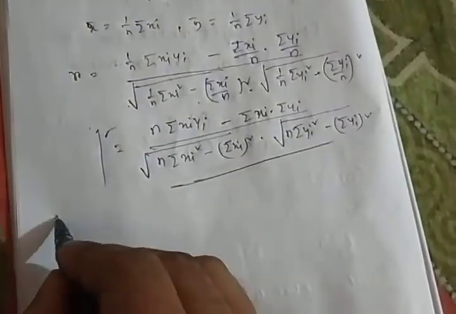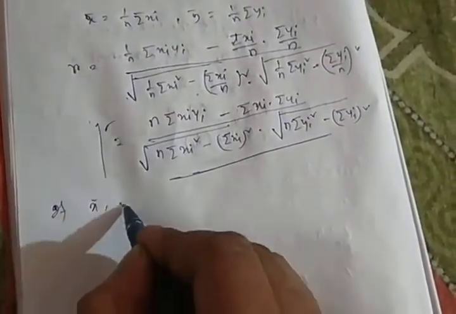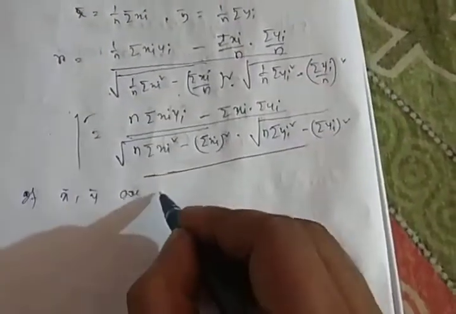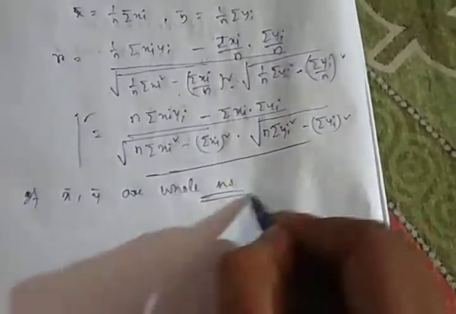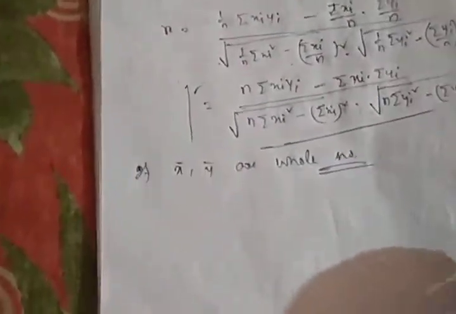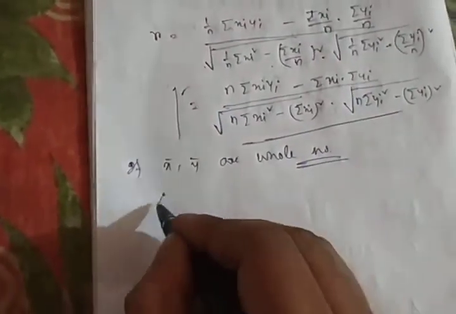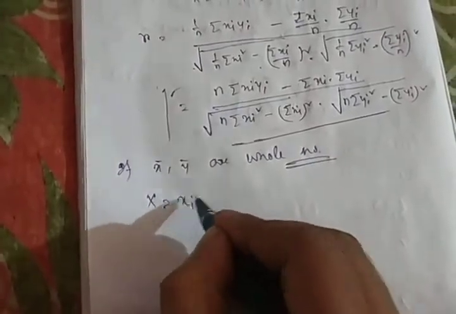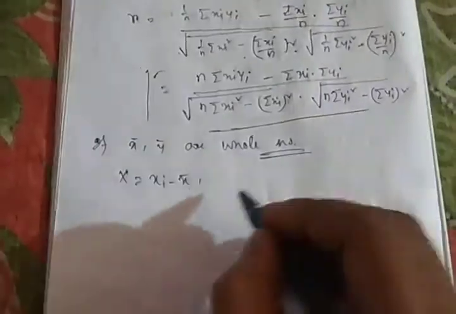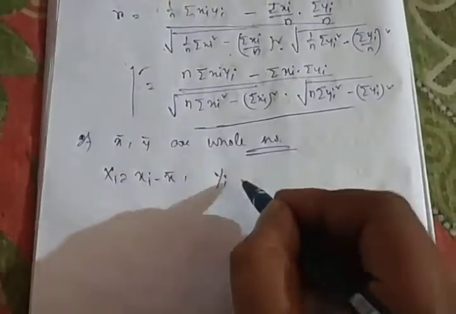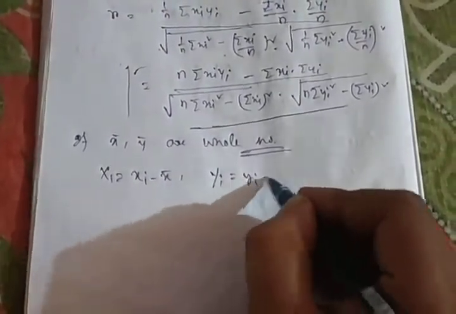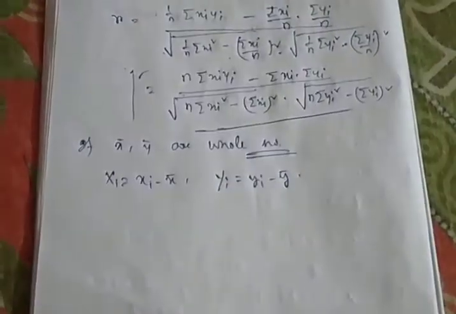Now if x bar and y bar are whole numbers, then we can take deviations as capital X equals small xi minus x bar, and capital Y equals small yi minus y bar.